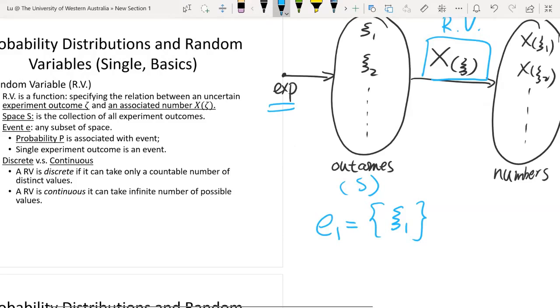So in this case, you can see, first of all, zeta 1 is one element of E1. In the meantime, zeta 1 is also an element of the space S. So we can say E1 is a valid subset of the space S, and E1, as a result, is a valid event.